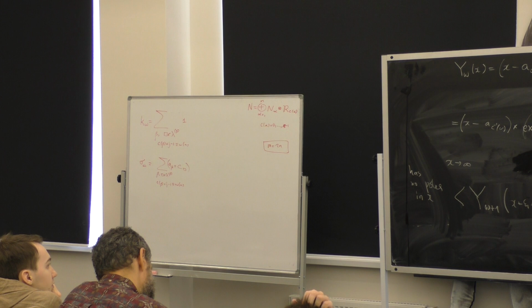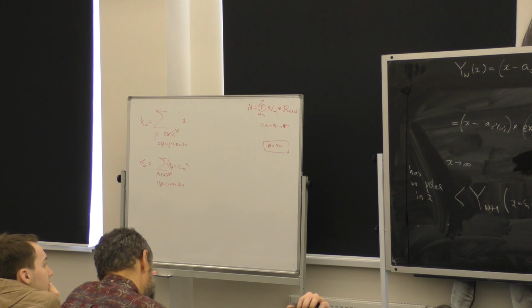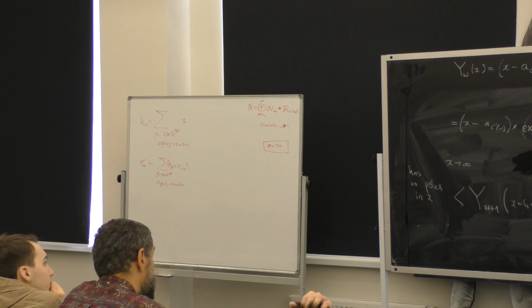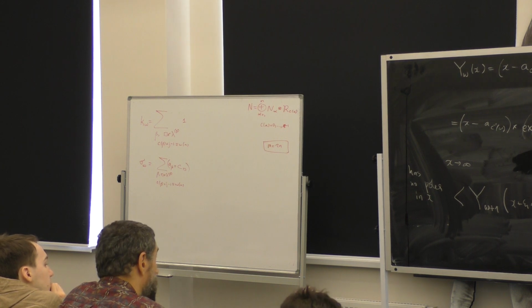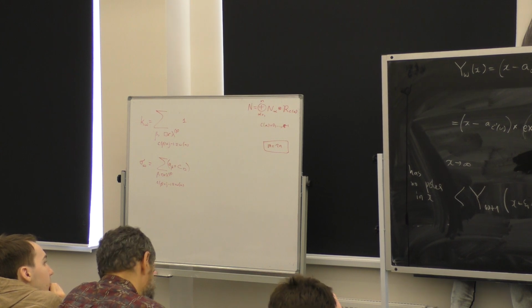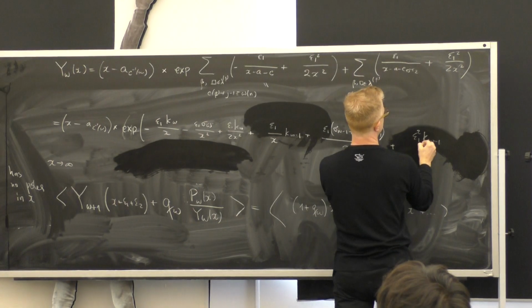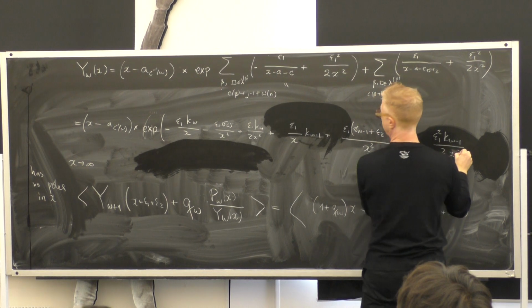So this is k minus 1. And then when I expand this guy, I'll get epsilon 1 sigma omega minus 1 plus epsilon 2 k omega minus 1. So that's an important correction. Divided by x squared plus this guy, epsilon 1 squared k omega minus 1 twice x squared.